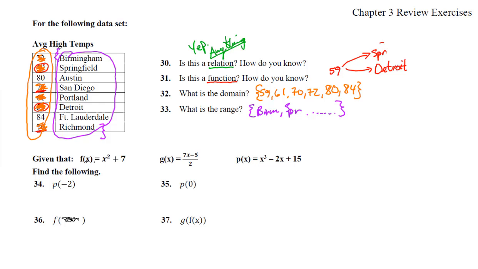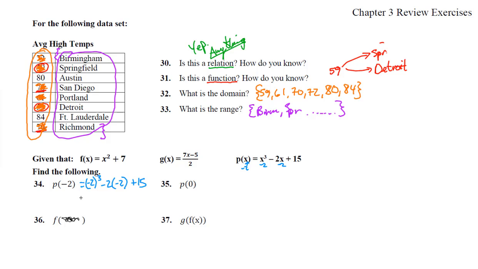You are now dealing with three functions, f of x, g of x, and p of x. And we're supposed to find p of -2. So that means -2 goes right up in there, that means -2 goes there and there. So we have p of -2 equals -2 cubed minus 2 times the -2 plus 15.